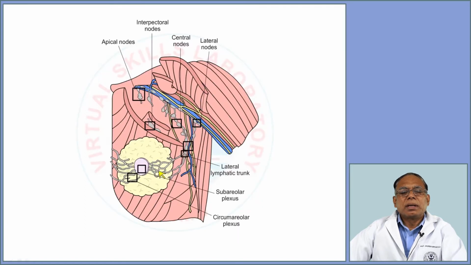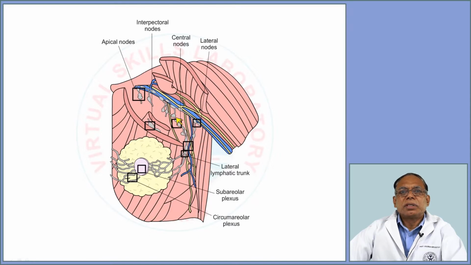This anatomical presentation again demonstrates the presence of a very rich lymphatic plexus in the breast parenchyma and in the overlying skin and the nipple areola complex. All these lymphatics converge to a set of nodes located between the pectoralis major and the lateral thoracic vein, and these actually serve as the sentinel nodes, as we will discuss later.